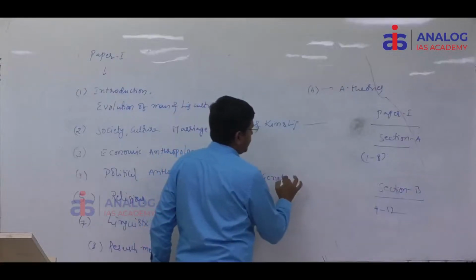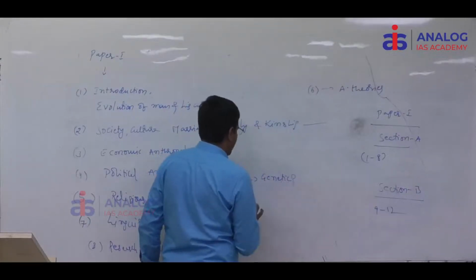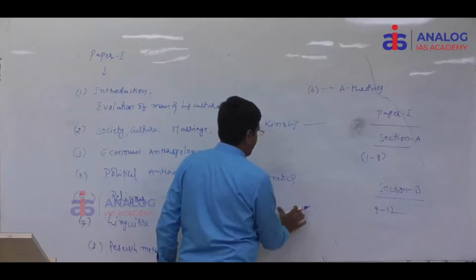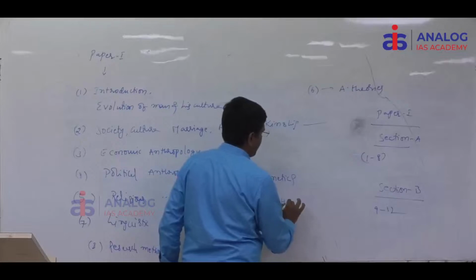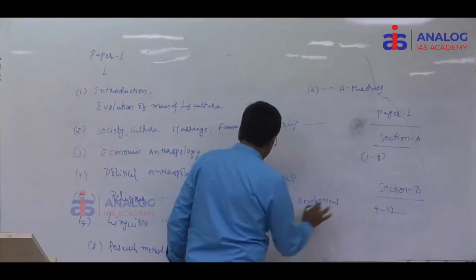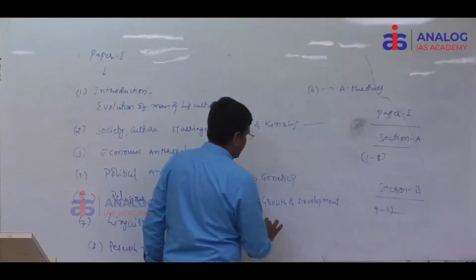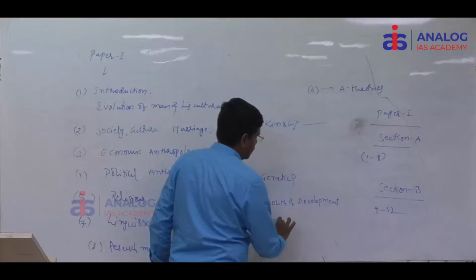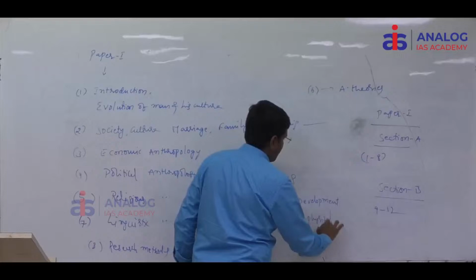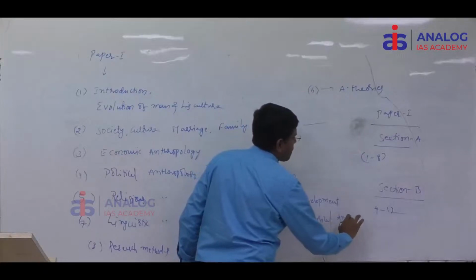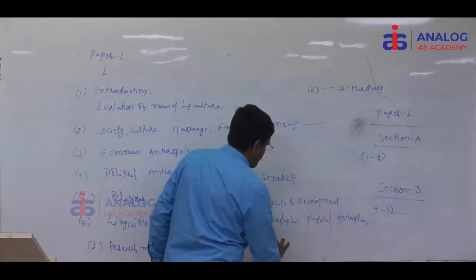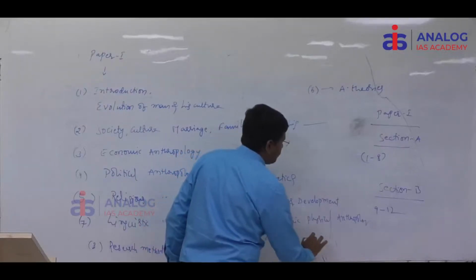The 9th chapter deals with genetics. 10th chapter deals with growth and development. 11th chapter deals with demographic physical anthropology. 12th chapter deals with applied physical anthropology.